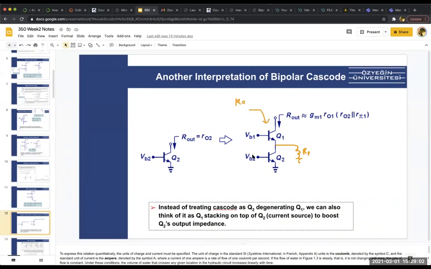So I told you, this circuit is the one in blue. Now I attach this resistance and I want to find a new R out. You can either use your intuition or, which I prefer you to do, go draw the small signal model for Q2, Q1, and then you find R out 2.